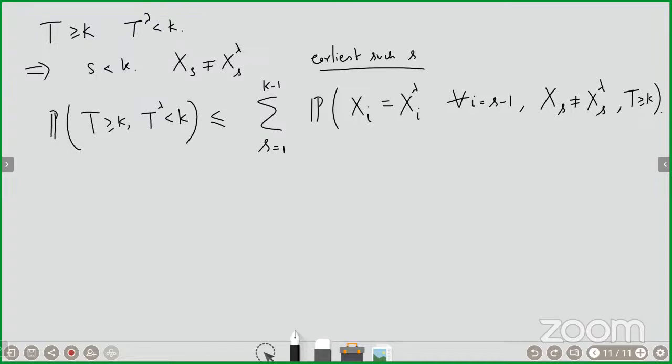So these random variables are exactly equal. If you put this condition and this condition, what can you say about t star, or sorry, t lambda? The t is greater than k, and until time s minus 1, the two random variables are identical. So what can you say about t lambda?